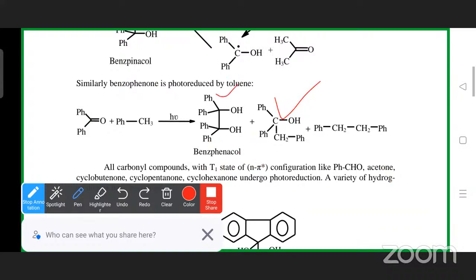That is your benzopinacol, the dimeric product here, and this hydrogen donor, that is your toluene. This toluene hydrogen donor may undergo dimerization here, and it forms this particular form.